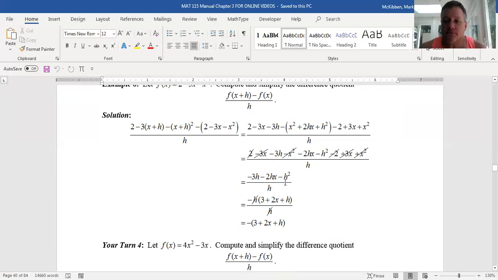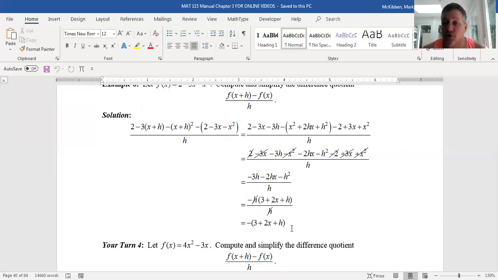All right. And so now what I'm going to do, you cannot just kill this h and that h, right? What you have to do is factor the common factor of h out of all three terms like I did here, right? So I write this as a negative h, that factor, times this other stuff, that's over h. You can only cancel like factors in top and bottom, right?